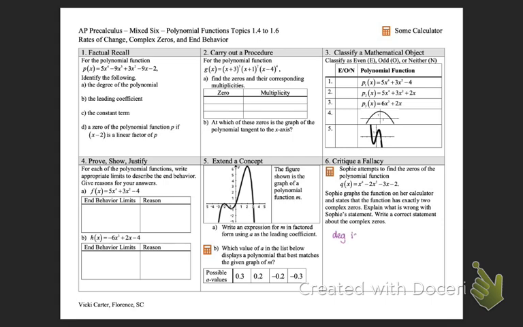Since the degree is 4, that's going to mean that there are 4 complex zeros. So she's short by 2, and that's why that last one is what it is, okay? So that's a good look at those last 2 sections, 1.5 and 1.6 that we talked about.